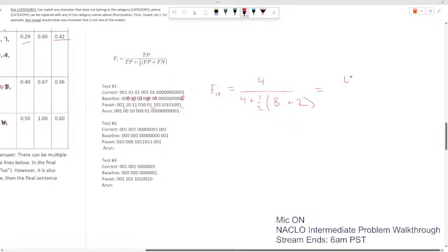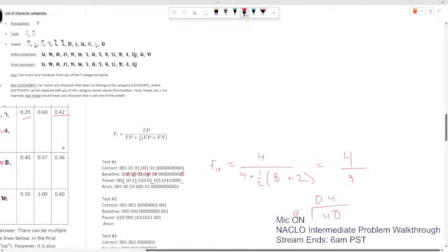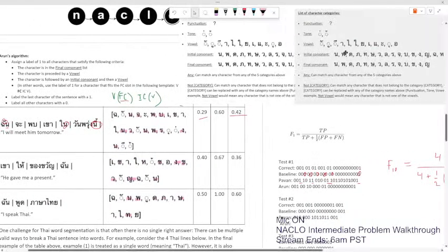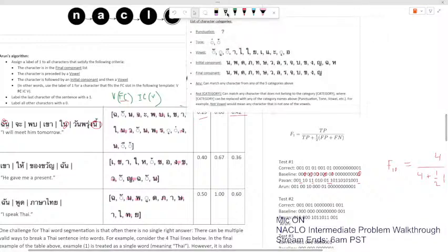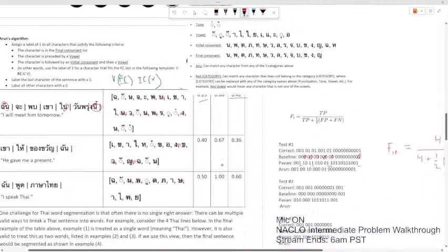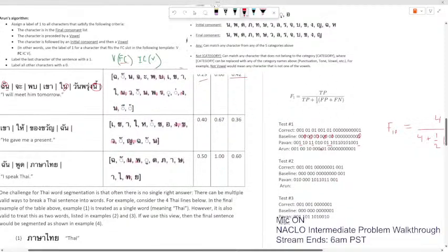So that'd be 4 over 9, which is 0.42 about. So Pavan would be algorithm C. Which leaves Arun to B. And that would make sense because Arun is the most similar to the actual right answer.